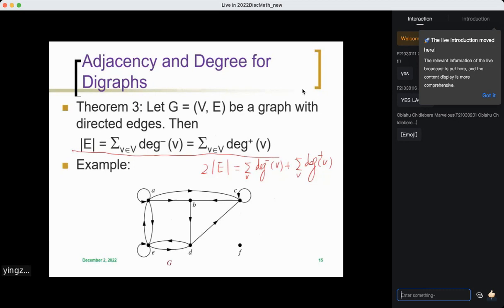So for adjacency, we also separate the different meanings. That means we have adjacent to or adjacent from, which refers to the in edge and out edge. And for the degree in a directed graph, we also have a different concept.